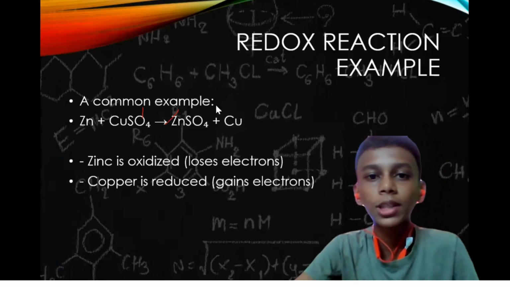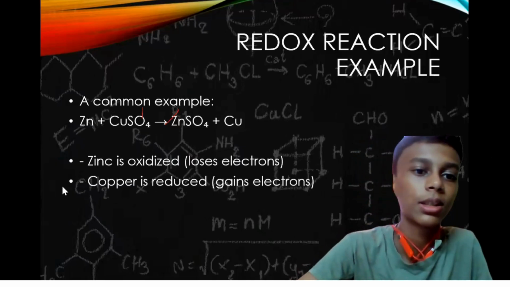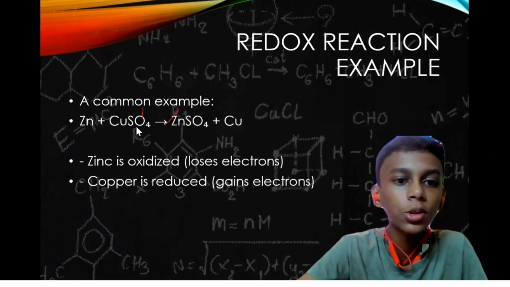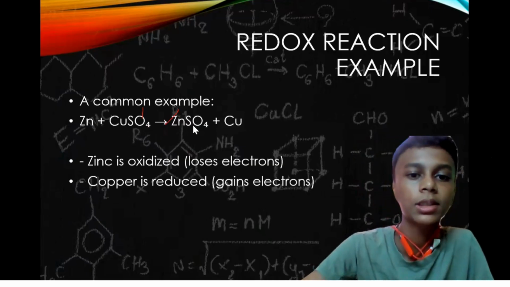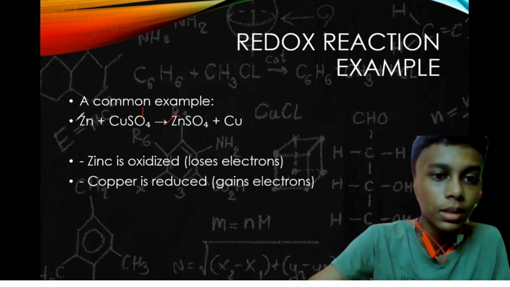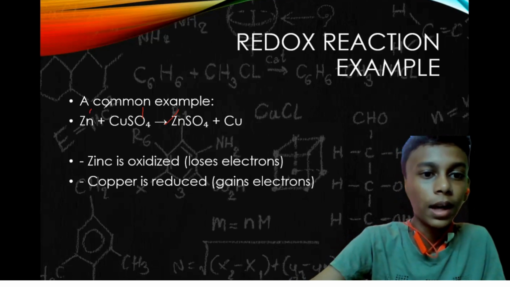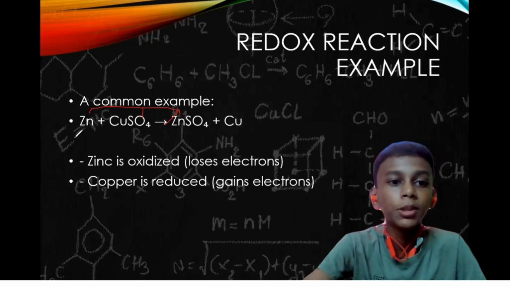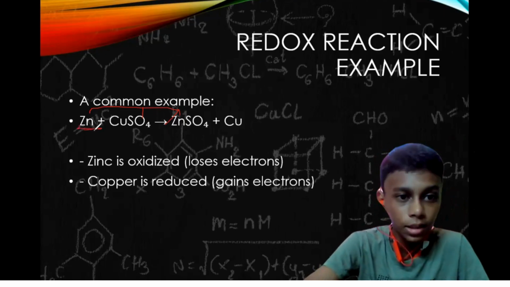Now let's move on with redox reaction examples. A common example is zinc plus CuSO4 gives ZnSO4 plus Cu. So here zinc will have oxidation, which makes zinc the reducing agent.